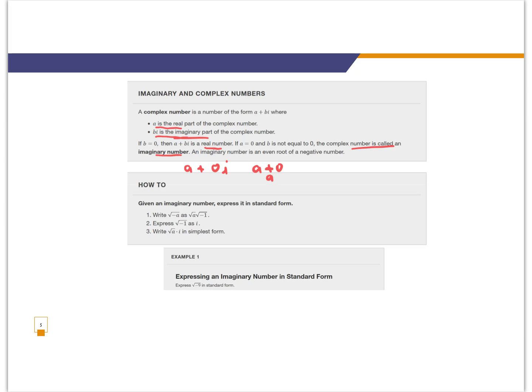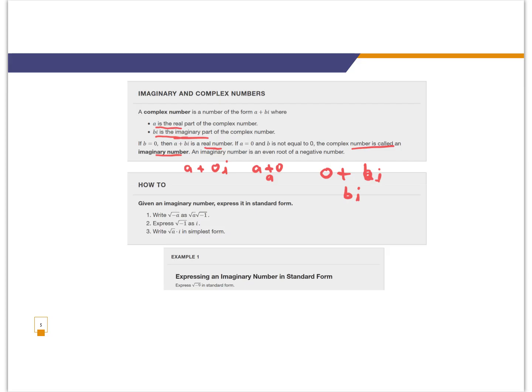Can you remember what I said? 0 plus, I don't care what the number is, ai. I'm sorry, bi. It doesn't matter what b is. b could be 2, b could be 3. Yes, that's a complex number, but it boils down to just bi. It means just an imaginary number. That's what they're telling you, similar to what I said to you.